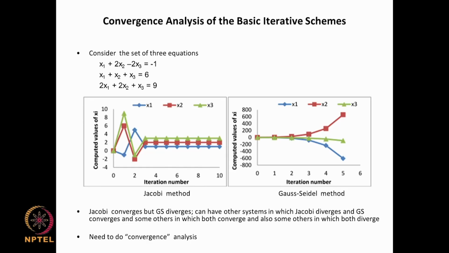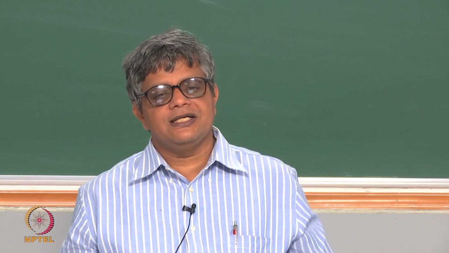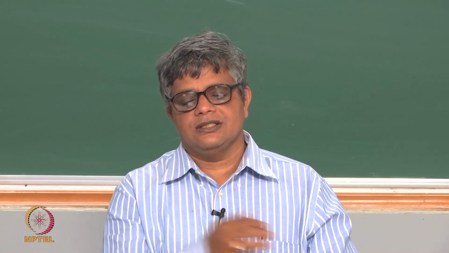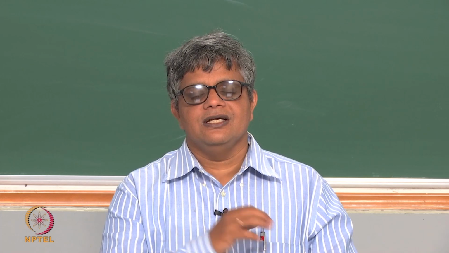So, we need to do a convergence analysis, and based on this we come up with some criteria for the condition of convergence. Once we are assured of convergence, we look at the rate of convergence, and in the second part of this module we look at some special methods which improve the rate of convergence over what can be obtained by the Jacobi and Gauss-Seidel methods.